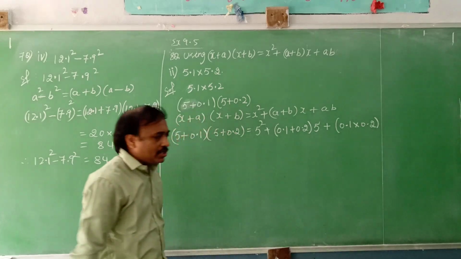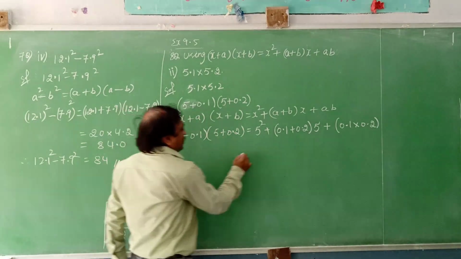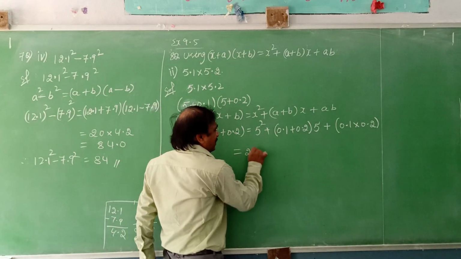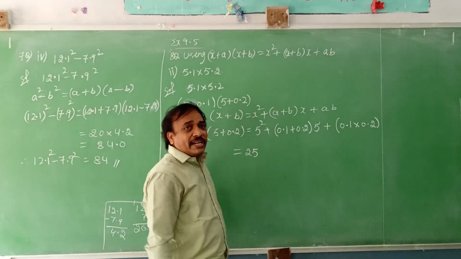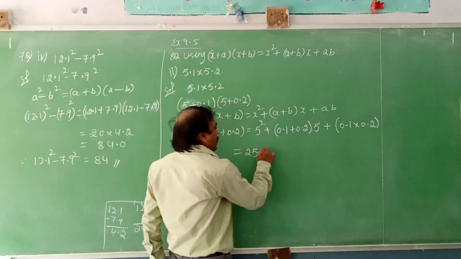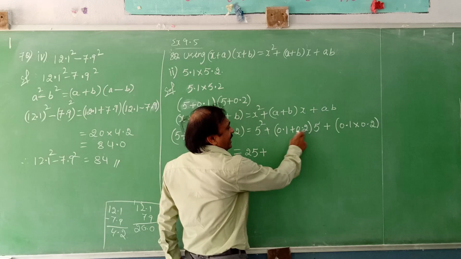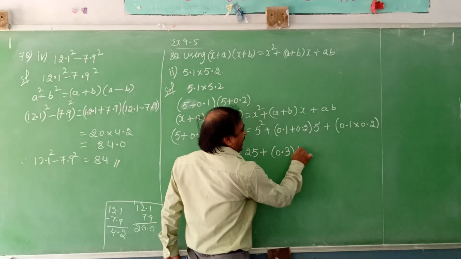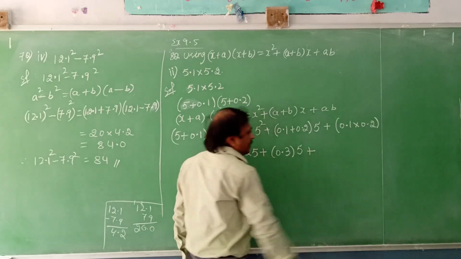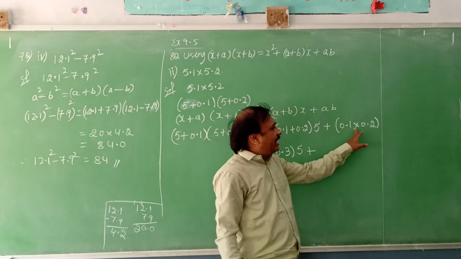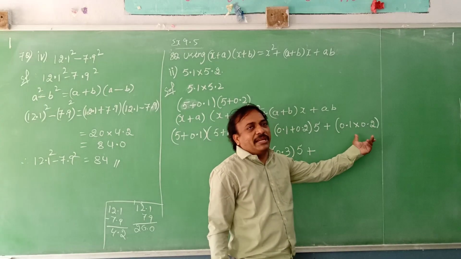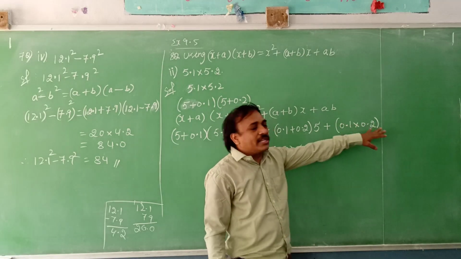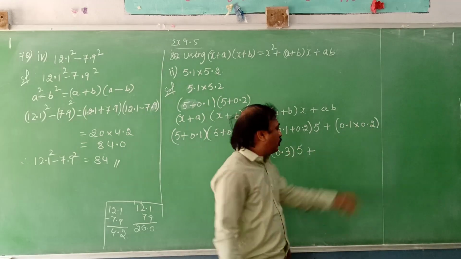5 square is 25, plus 0.1 plus 0.2 will be 0.3 into 5, plus, observe it, 0.1 into 0.2. Forget about the decimals: 1 2s are 2.